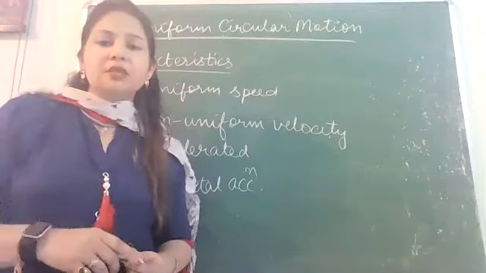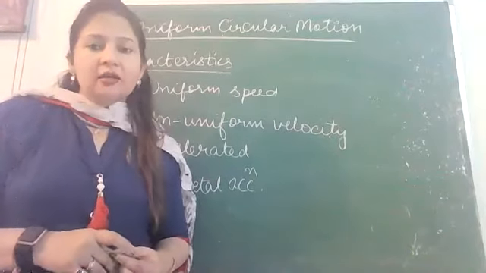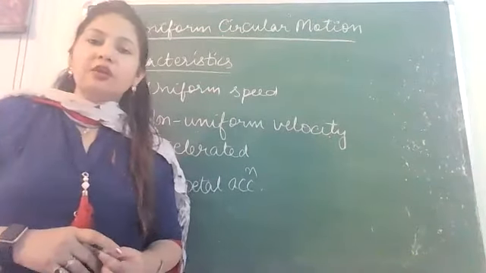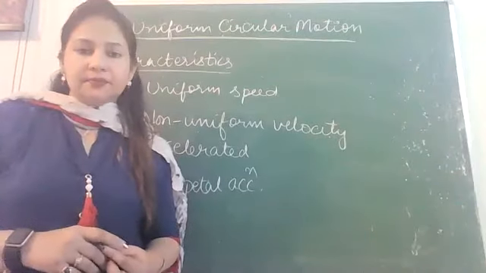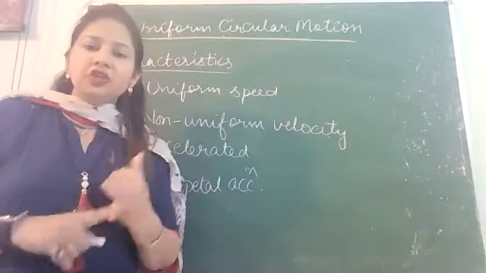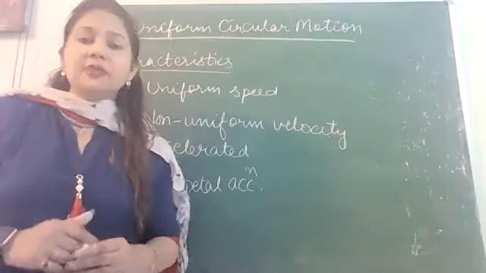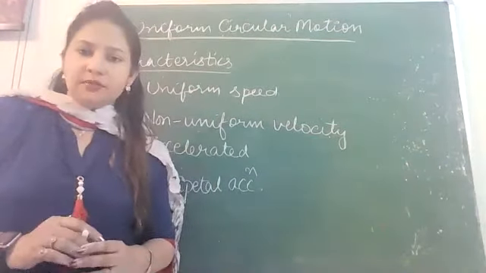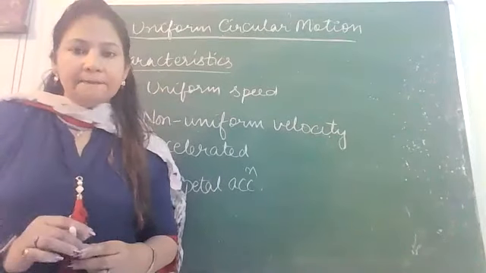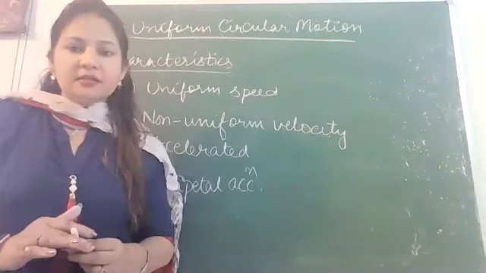At one particular speed, motion of a fan, rotating fan, it will also be uniform circular motion. So I hope the definition of uniform circular motion, examples and characteristics of uniform circular motion are clear to you. Okay, is that clear, students?